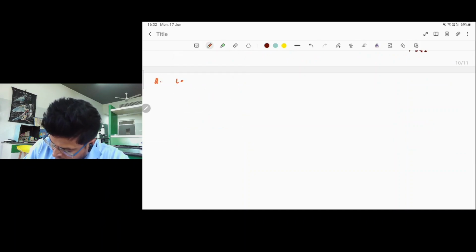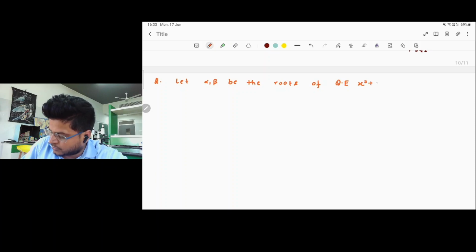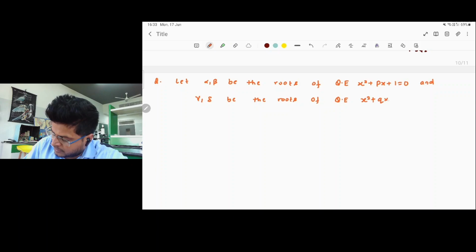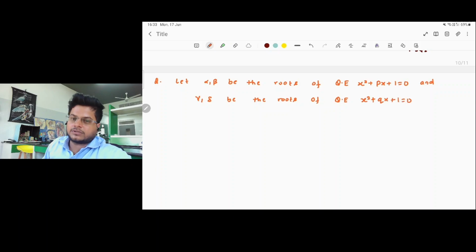Let alpha comma beta be the roots of the quadratic equation x square plus px plus 1 equals 0, and gamma comma delta be the roots of the quadratic equation x square plus qx plus 1 equals 0.